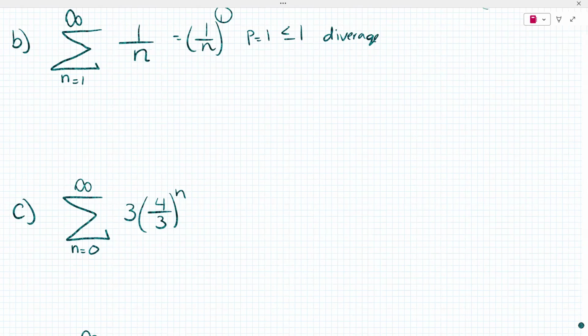Yes, we can, because it is in the form of a geometric series. We don't care about the number in front. Our r will be the number in the parentheses, 4/3, and unfortunately 4/3 is greater than 1.